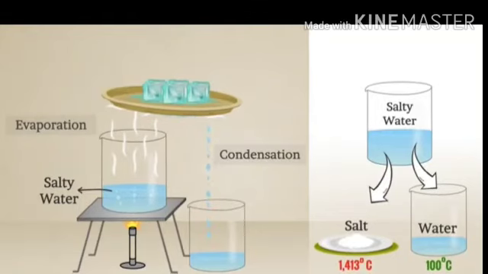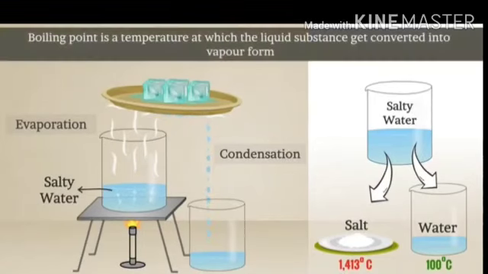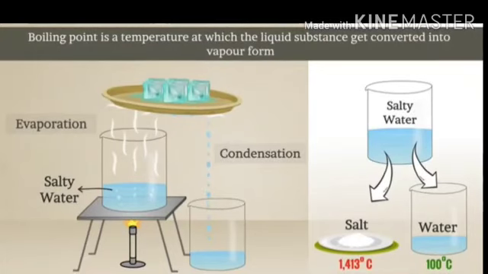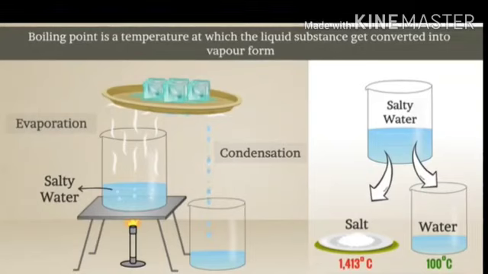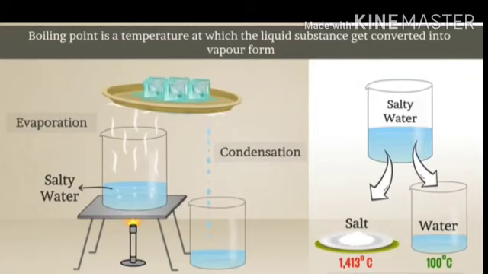In salty water, pure water has a 100 degrees Celsius boiling point, whereas salt has 1413 degrees Celsius boiling temperature. There is a large difference in their boiling points so that they can be easily separated.